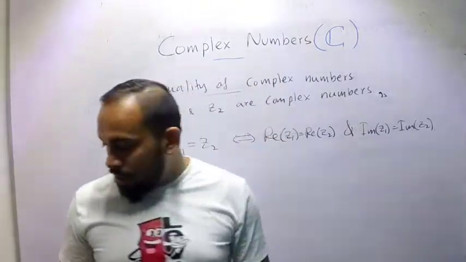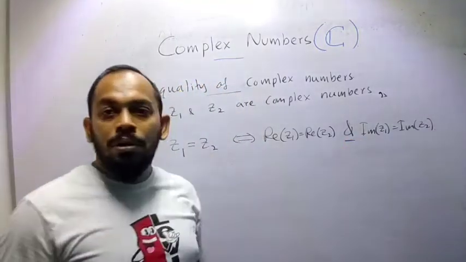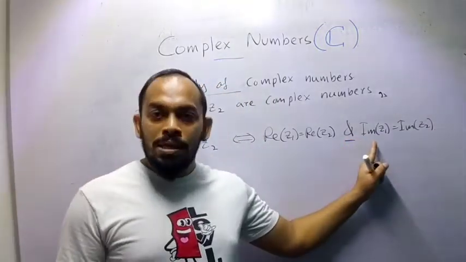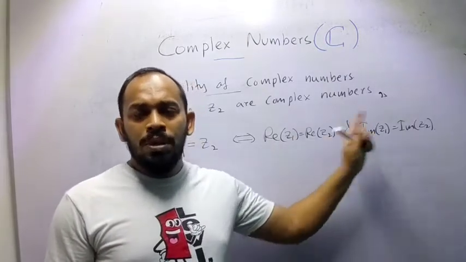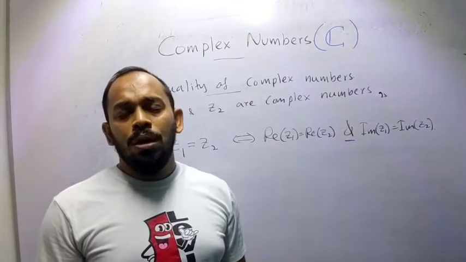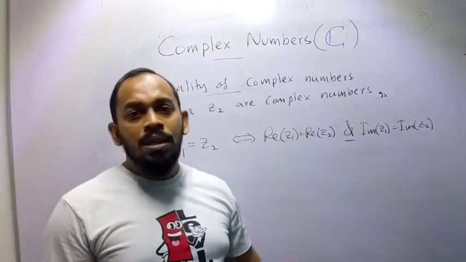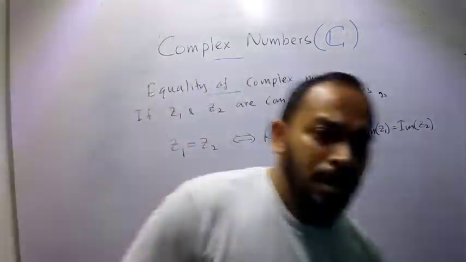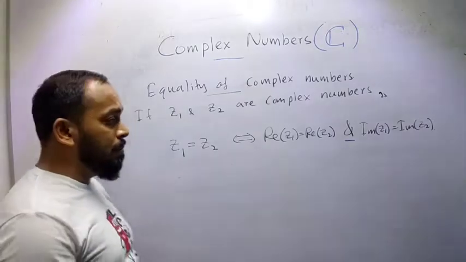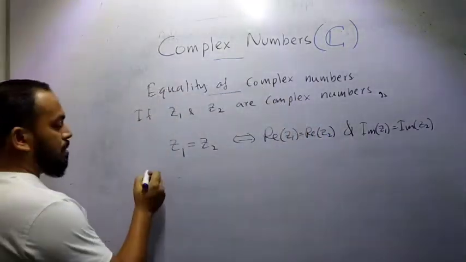This 'and' is very important. Both must be satisfied for the two complex numbers to be equal to each other. If either one of these is not satisfied, then the two complex numbers are not equal. So please keep that in mind. Let's do some examples here.